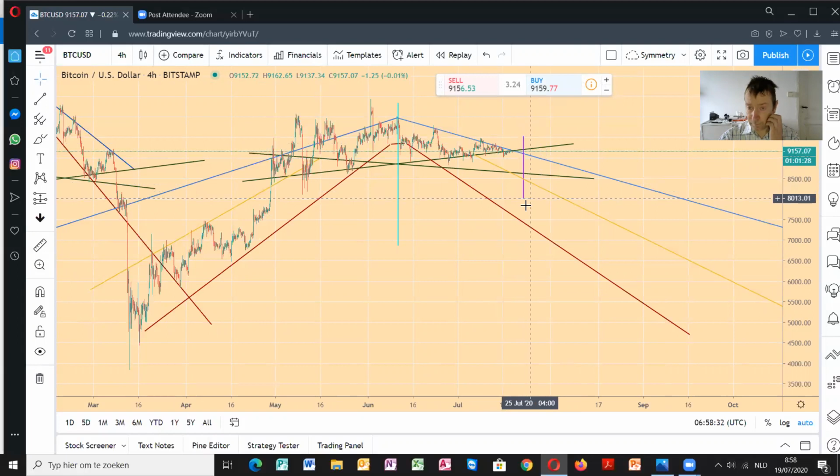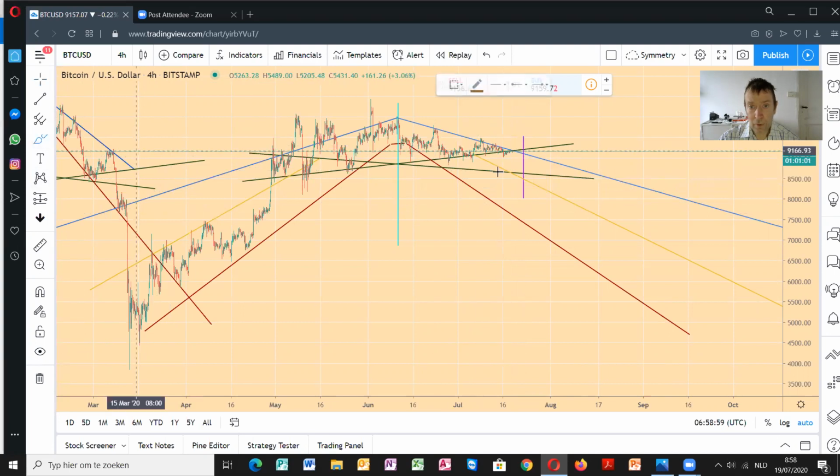And this purple line is on the 22nd of July. That will be on Wednesday. So then a big decline might happen.